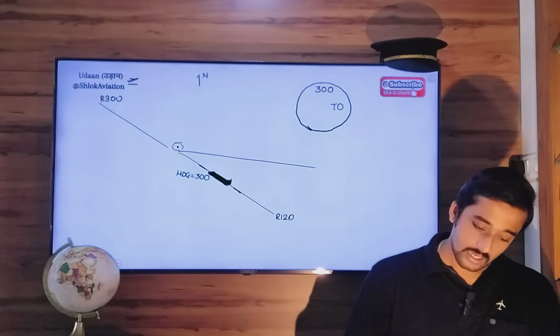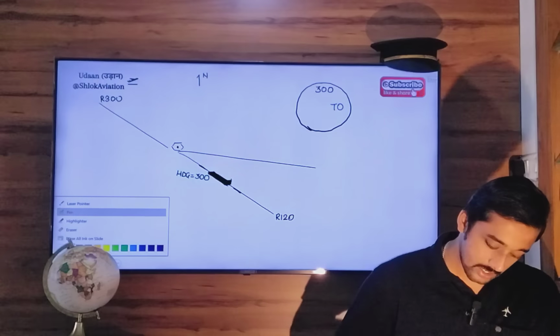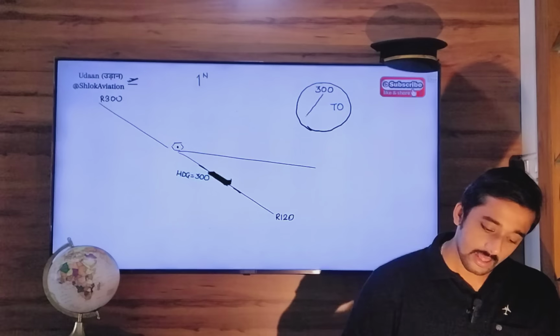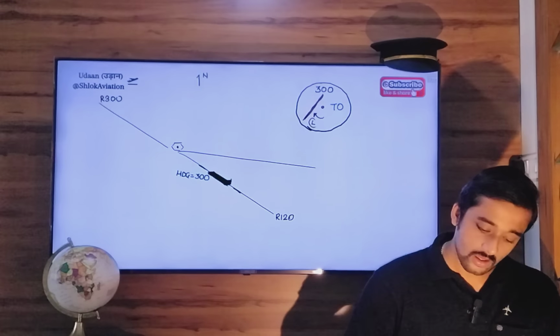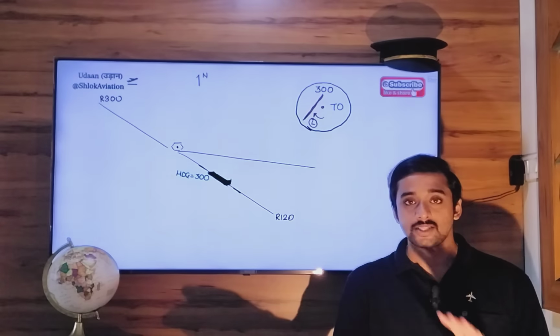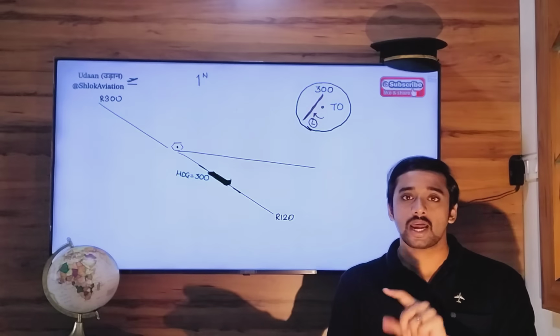That means it is showing 3 dots left indication. It is asking you to fly left hand side. If CDI is asking you to fly left hand side, that means you have deviated to the right hand side.